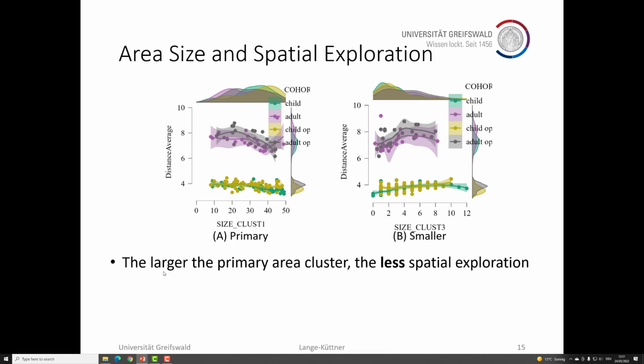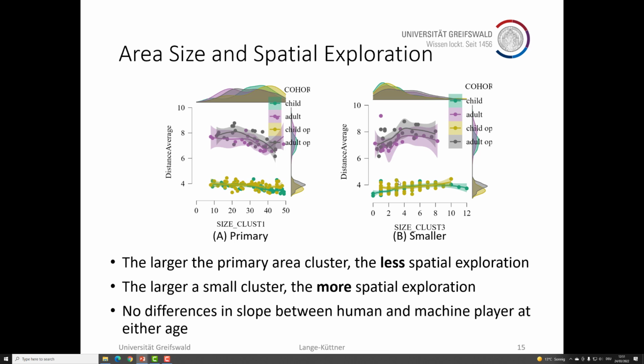What you can see is that the larger the primary area cluster, which goes up to 50 here, the less spatial exploration, and that's visible because the distance average goes down. But the larger the small cluster, here it goes up to 50, here it only goes up to 12, the more spatial exploration.